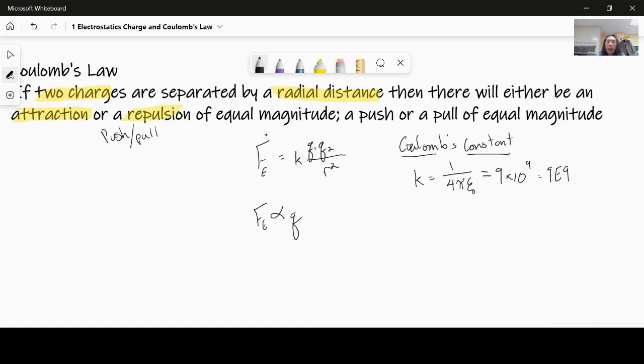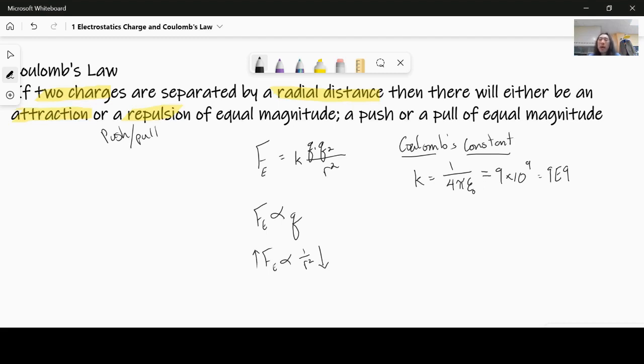And the other one is the radial distance. The electric force is proportional to the inverse r squared. So what that tells us is that if our r squared goes down, so if the two charges get closer together, that means our electric force goes up.